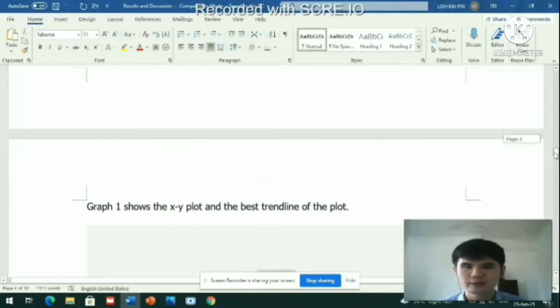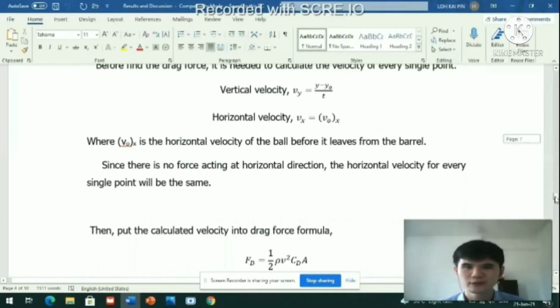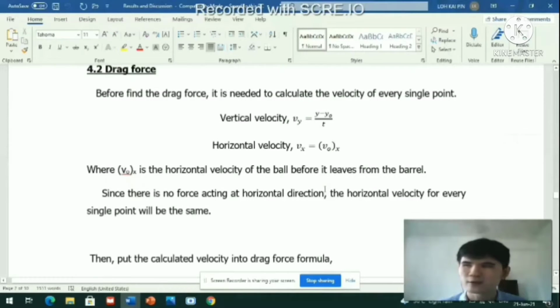Next is finding the drag force. Since the theoretical calculation doesn't have air resistance, it is only in the experimental. For the experimental vertical velocity, we use vy equals y minus y naught over t. The horizontal velocity remains the same because no force is acting on it.